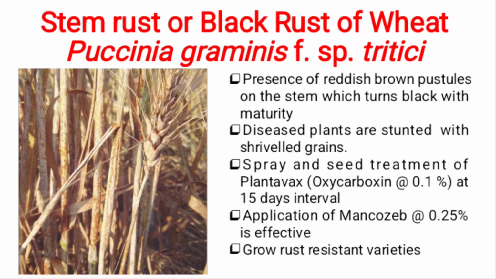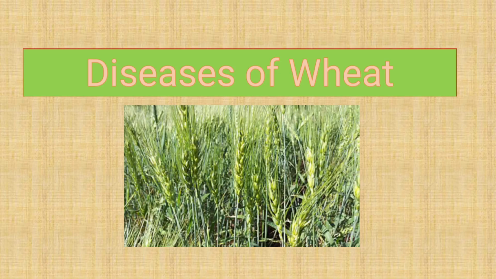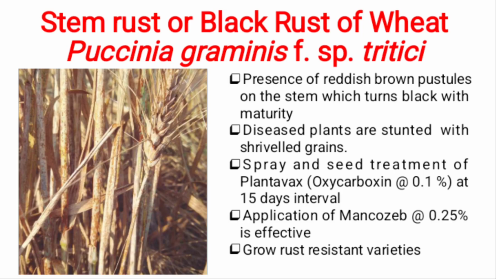So here I'm discussing the first disease of wheat, that is known as stem rust of wheat, right? This stem rust of wheat is caused by the pathogen known as Puccinia graminis f. sp. tritici.